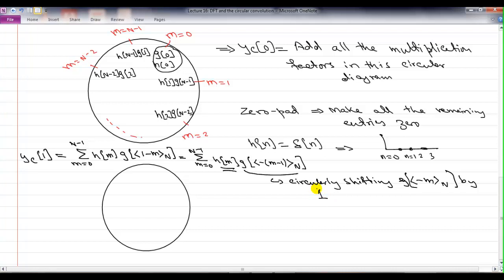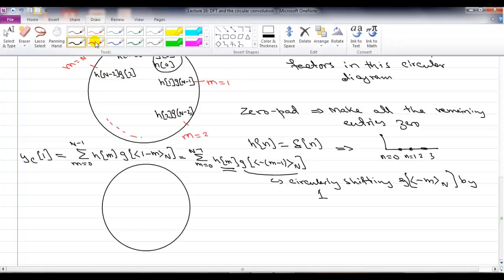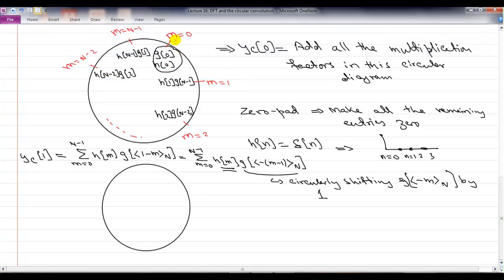Now since we understand the relationship of yc1 to the circularly flipped version, we can again go back to the circular diagram that we have been using. So we simply label that diagram with the indices m equal to 0, and then we go to m equals 1, m equals 2, and we keep on going till we reach m equals n minus 2 and m equals n minus 1.